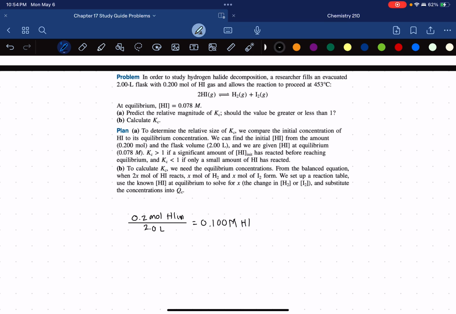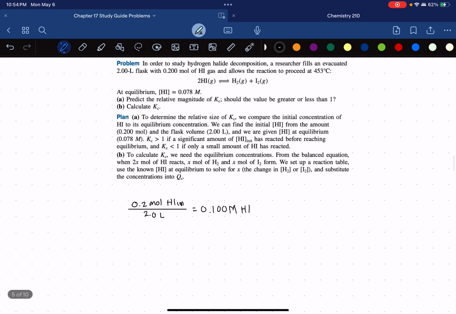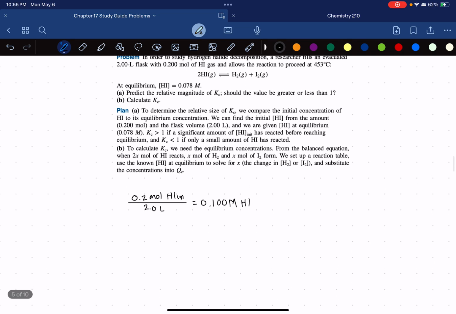Now, we are told to compare our initial concentration with the equilibrium concentration being 0.078, which is smaller than our initial 0.1 molar.